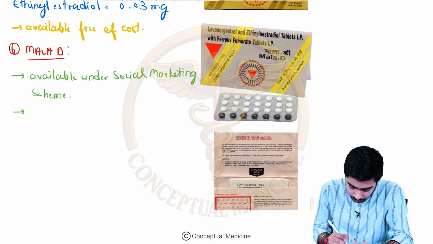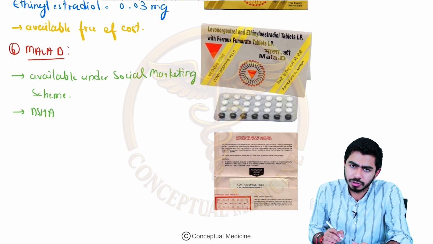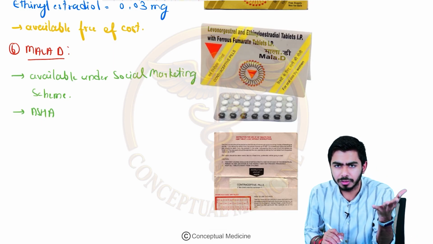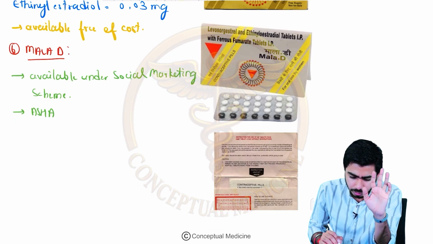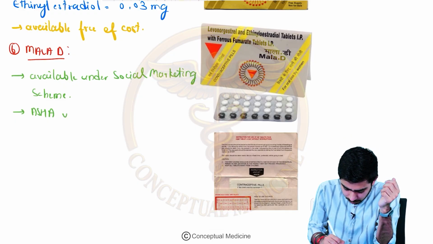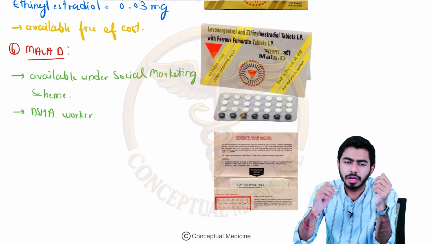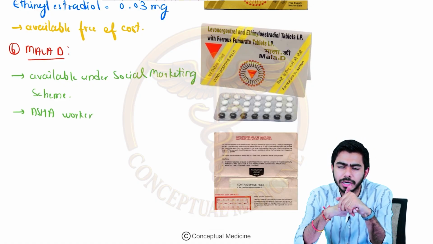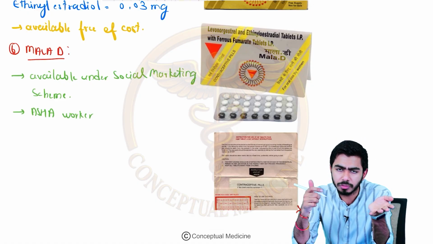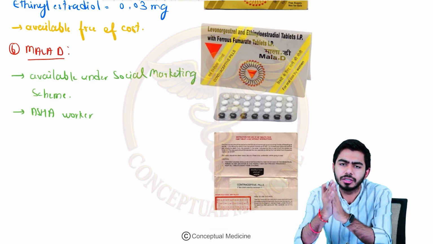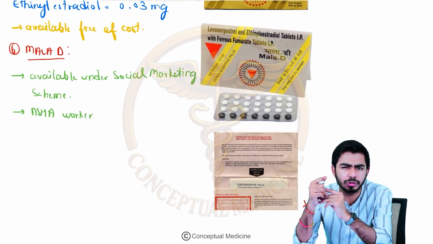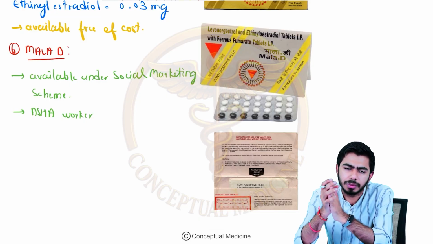At the village level she is working, so ASHA will be giving it to the people who are living in the villages at the cost of ₹1. And the ASHA worker will be getting the incentive from the government of India side for providing these Mala D and Mala N to the people.